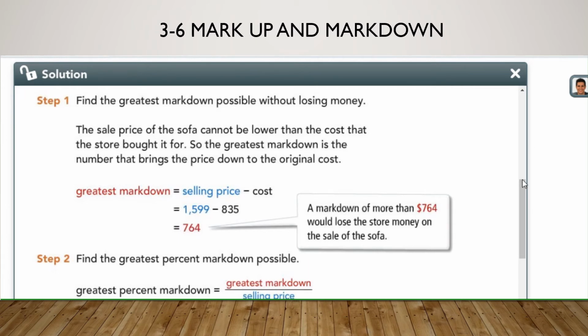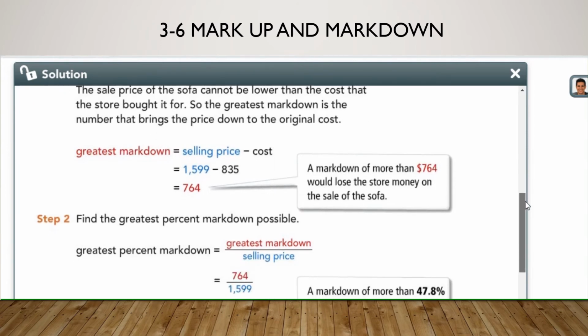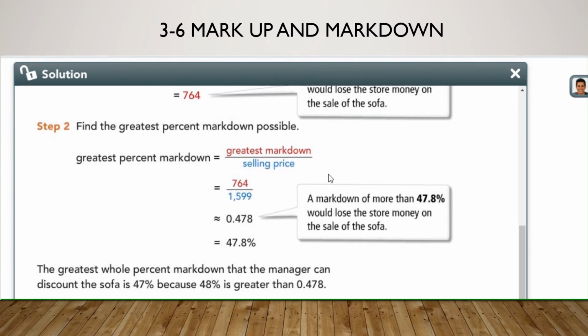Step 2 is to find the greatest percent markdown possible. The greatest percent markdown is equal to the greatest markdown divided by the selling price. We can also use part equals percent times whole. In this case, the part is the greatest markdown, which is $764. Our percent is unknown, and our whole is the selling price, which is $1,599.